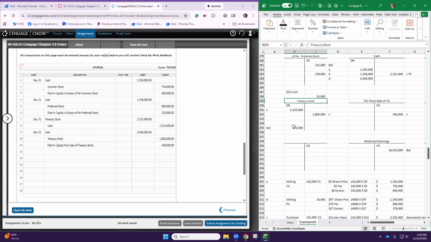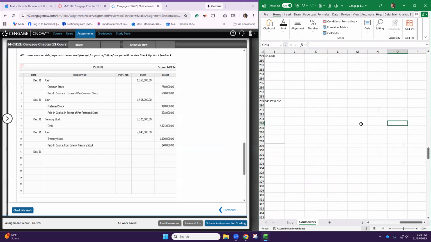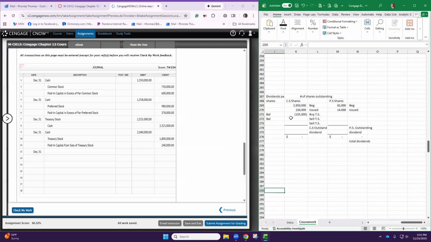It's making up of what this is. Okay, let's put our date in, December 31st. Okay, so now let's go over here and keep our amounts figured out. So when you sell it, it comes back, all right? It comes back into outstanding. Okay, so that's 120,000. So it comes back into outstanding.